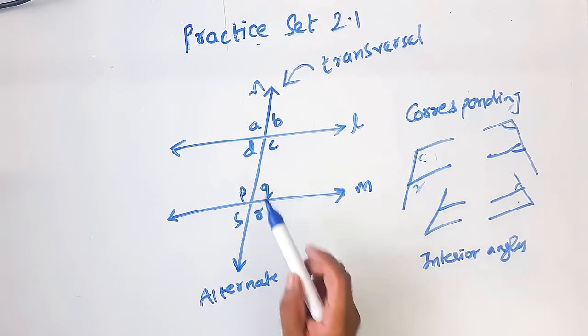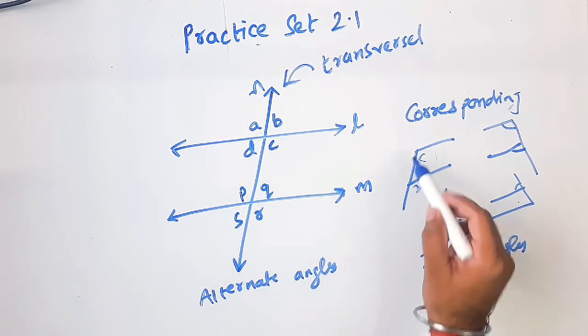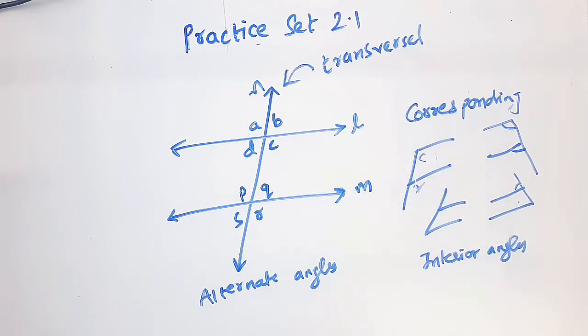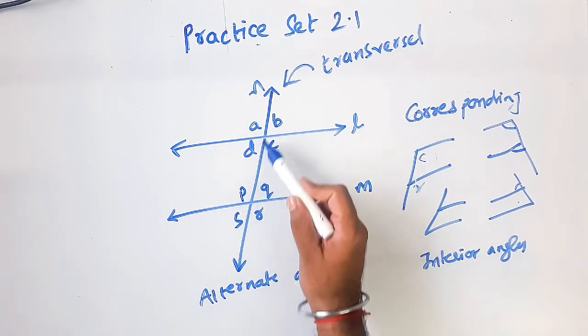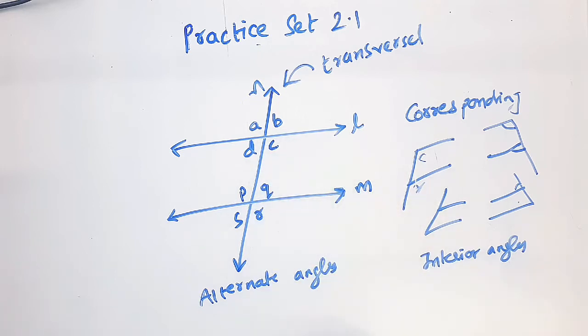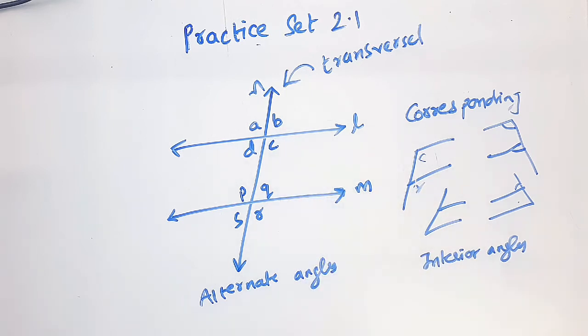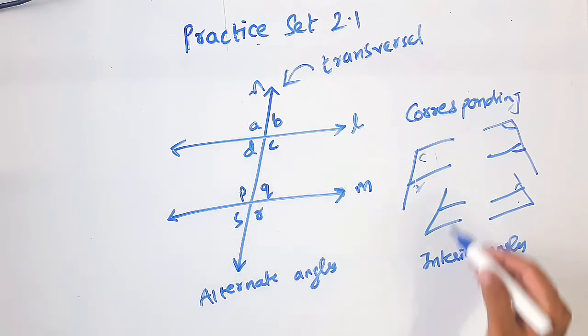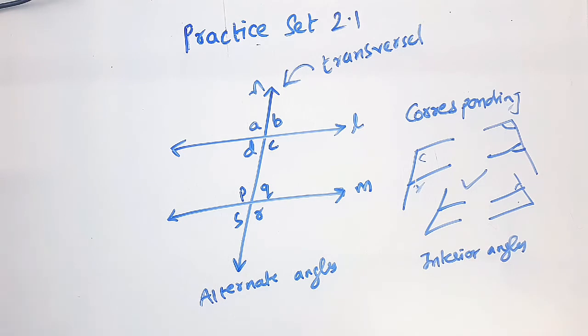If I look at this, D and S also become corresponding angles. So you have to remember the letter F. Then you can see A and P. A and P is also a pair of corresponding angles. Then B and Q, they are also a pair of corresponding angles. Understood what are corresponding angles? You have to look for an F-like shape.